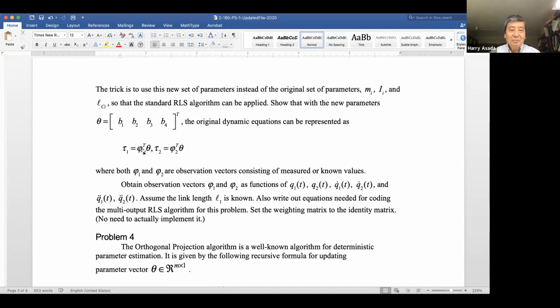I'm sorry, this is a little misleading notation, but we actually have two sets of regressors, one is phi1, the other is phi2. The same theta is involved here, and both equations can be written as a linear regression. So this is very simple.